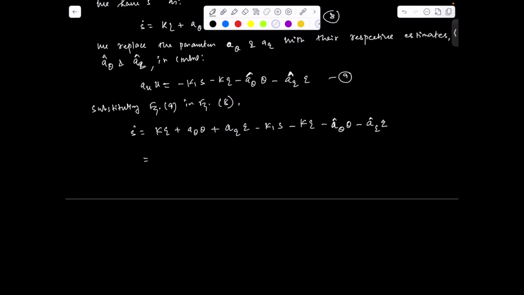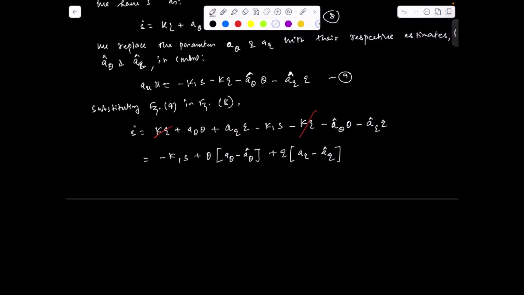From this, these terms cancel. So we can write S dot as theta times A theta minus A theta cap plus q times AQ minus AQ cap.